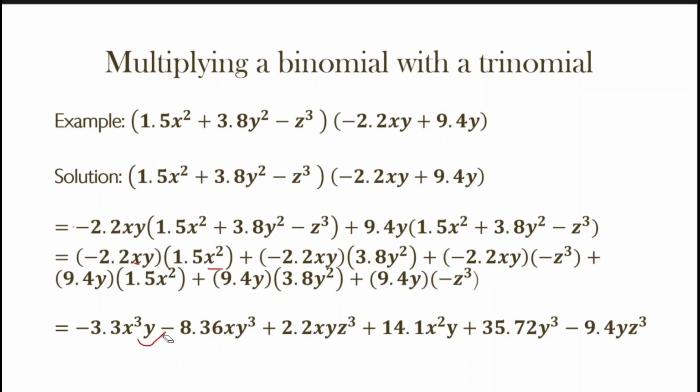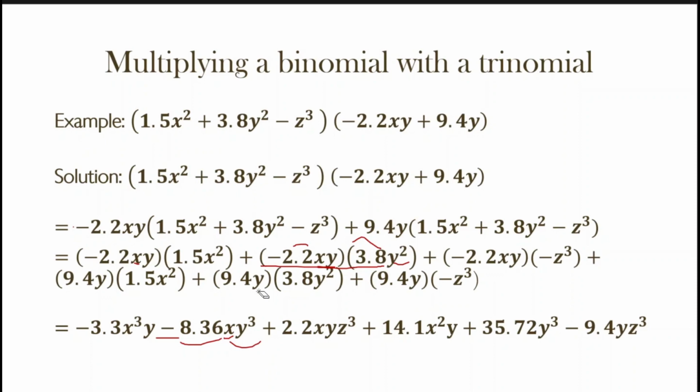Now multiplying minus 2.2xy with 3.8y square. Again there was just one minus present. In total, the negative sign was present an odd number of times, so the answer is negative. 2.2 multiplied with 3.8 gives me 8.36, and when I multiplied xy with y square, x remains as it is, and y square had the same base y, so powers get added. So y raised to power 1 multiplied with y raised to power 2 is y raised to power 3.